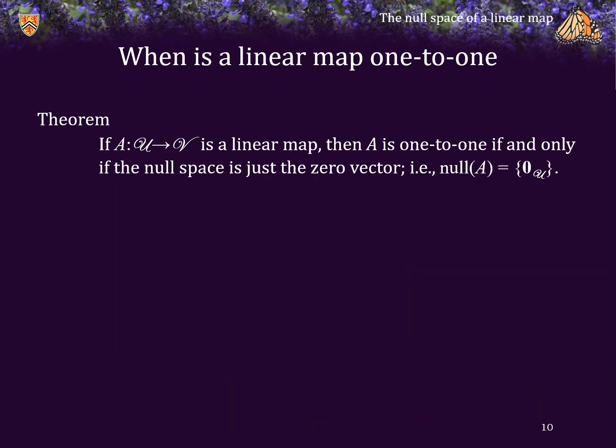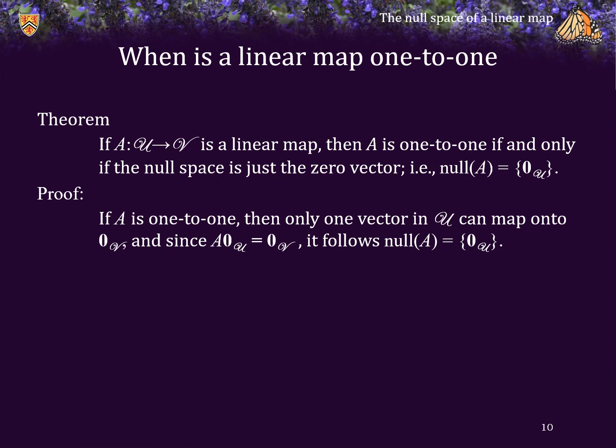Theorem: if A mapping a vector space U onto a vector space V is a linear map, then A is one-to-one if and only if the null space is just the zero vector. That is, the null space is a set containing simply one vector, and that being the zero vector of the domain.